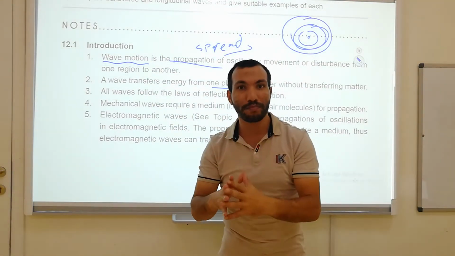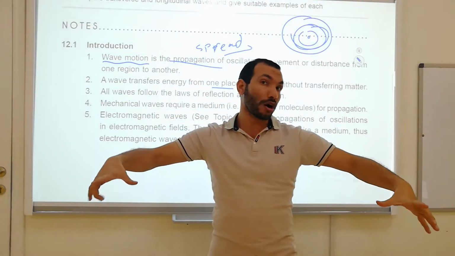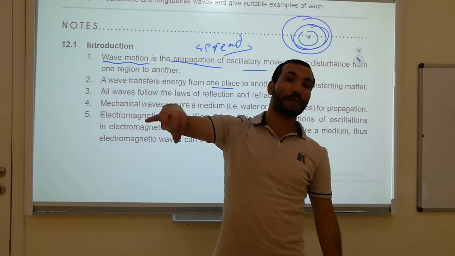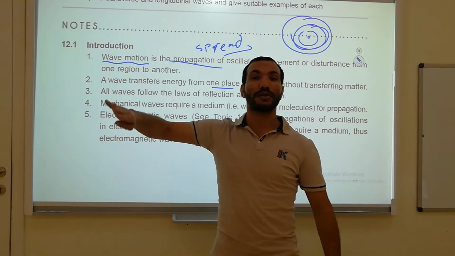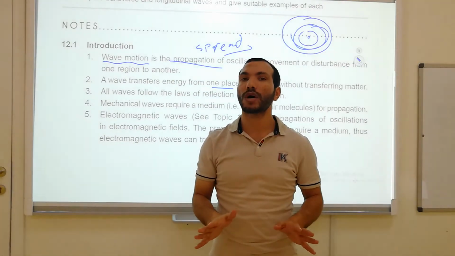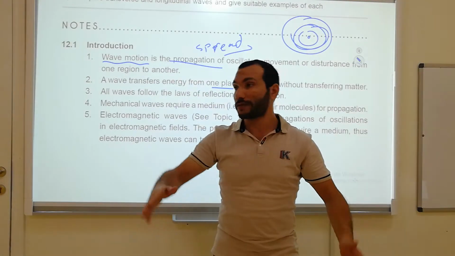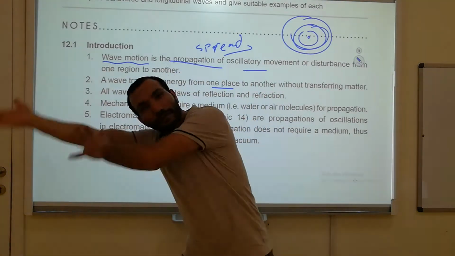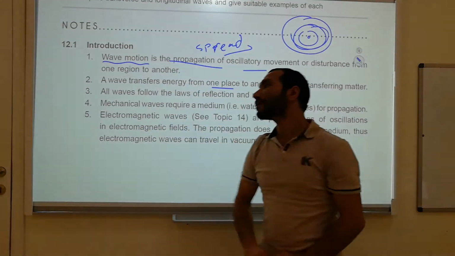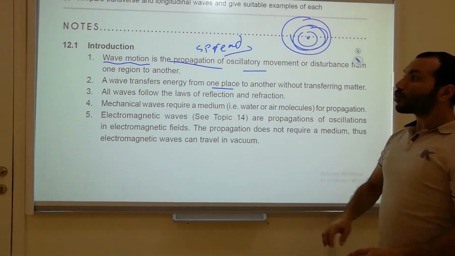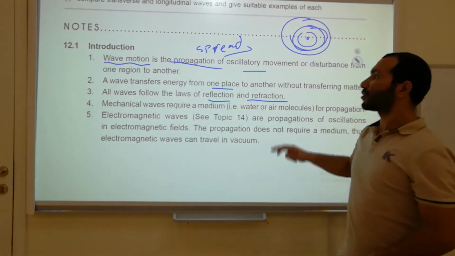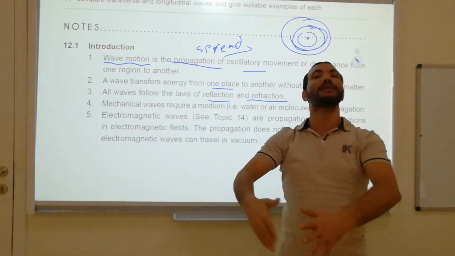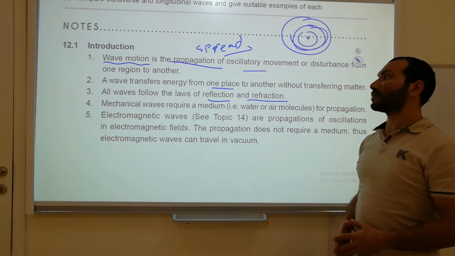If you have a pond of water and we put in a dropper, the particles will move inside the water, but without transferring. The particles themselves will not move. Number three, all waves follow the laws of reflection and refraction, and we will discuss this next.